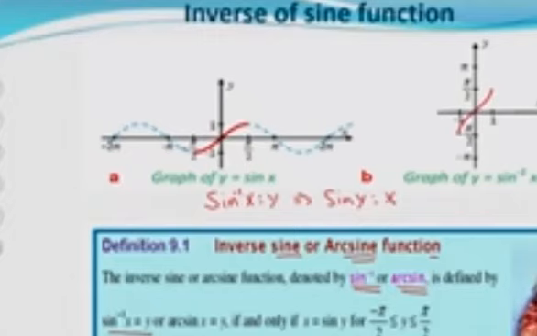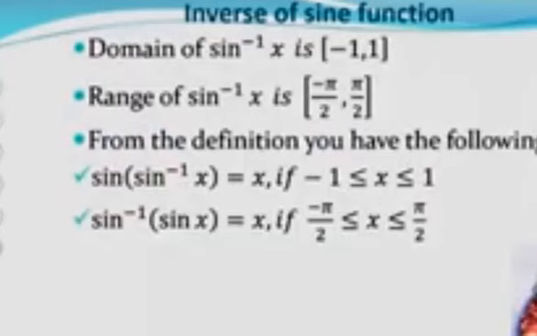Now let's continue. As we said earlier, the inverse sine function has its domain between negative 1 and 1, and its range between negative pi over 2 and pi over 2. And from the definition, sine of sine inverse of x is equal to x.